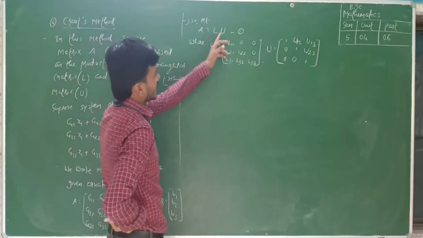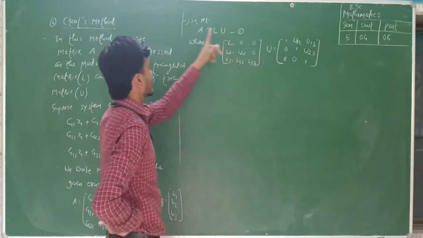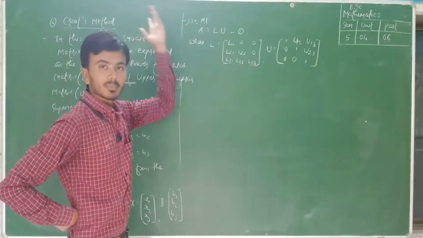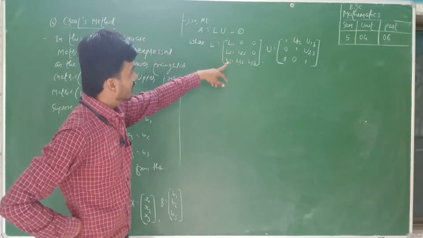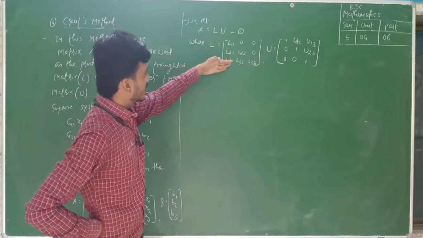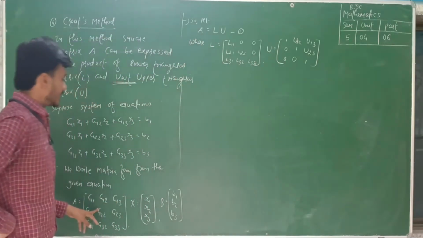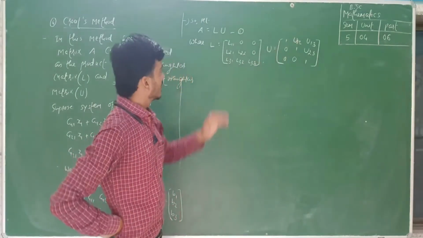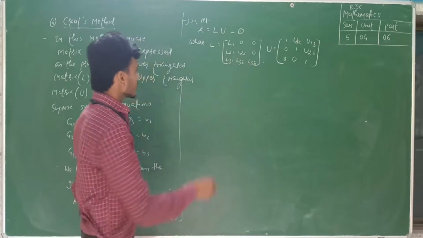So multiplication of these two matrices L into U is compared to matrix A. We can find these values the same as in the previous lecture we have discussed. A is equal to L into U. By multiplying these two matrices and comparing with matrix A, we can find the values of the unknowns L11, L21, L22, L31.